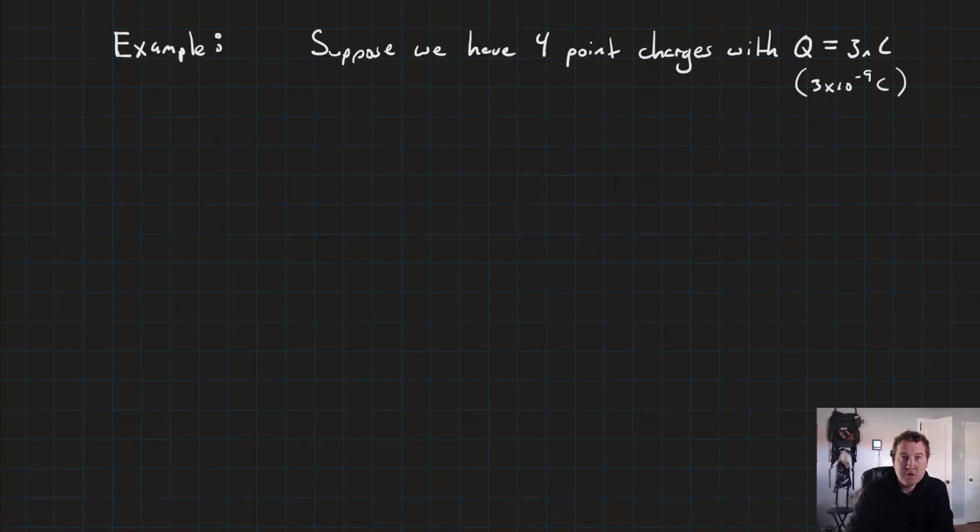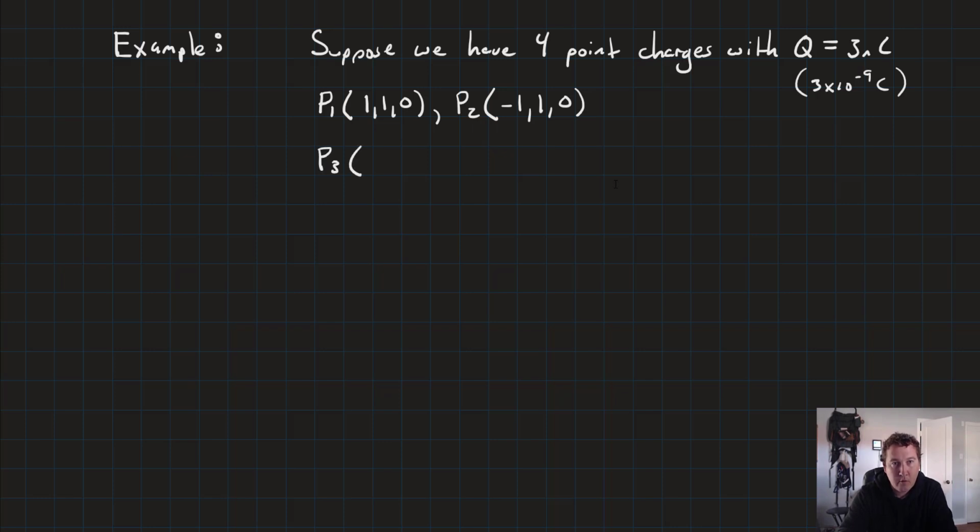Let's work an example. Suppose we have 4 point charges, each with Q equals 3 nanocoulombs, or 3 times 10 to the negative 9 coulombs, and those charges are located at point 1, which is 1, 1, 0, point 2 at negative 1, 1, 0, point 3, which is negative 1, negative 1, 0, and point 4, which is at 1, negative 1, 0.